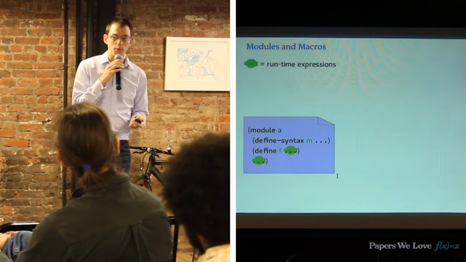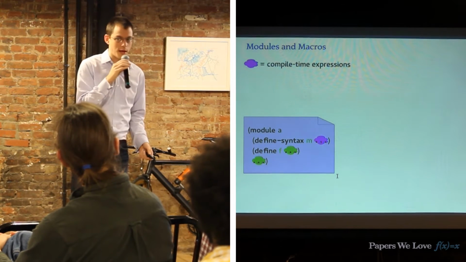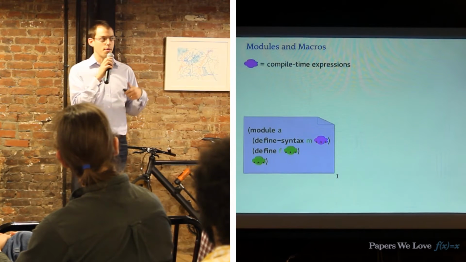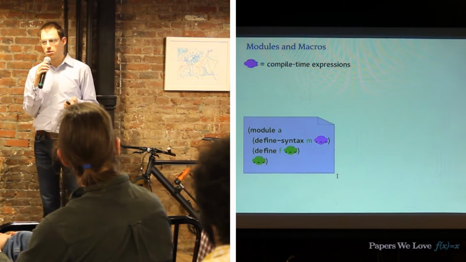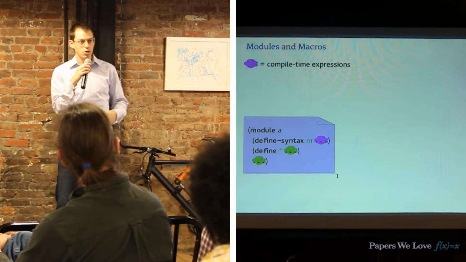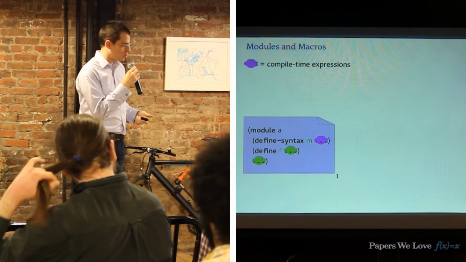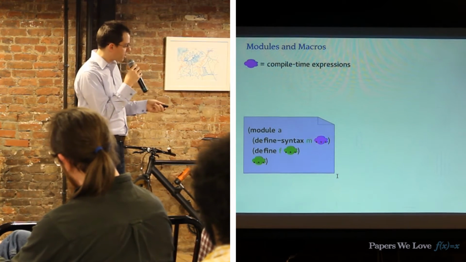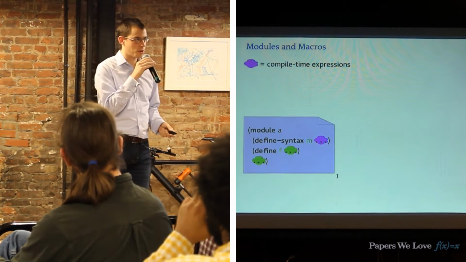They're going to happen when we actually run the program. And these purple clouds, those are compile time expressions. They're part of our macros, that is our extensions to the compiler. And we're only going to need those to expand the program to turn it into a fully compiled program. And then we're going to be left with a bunch of green expressions to actually run our program in the end.